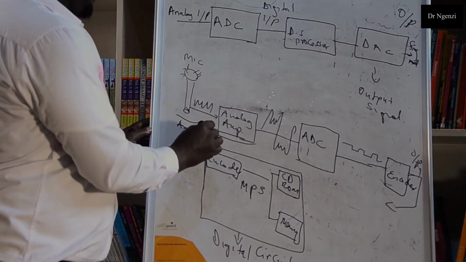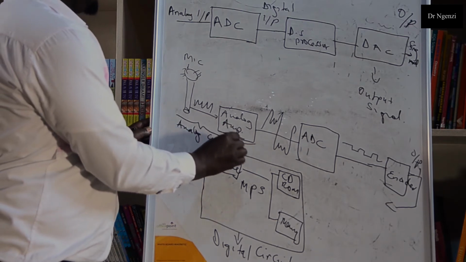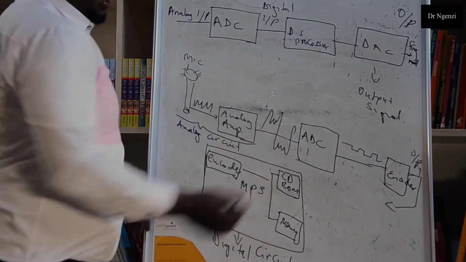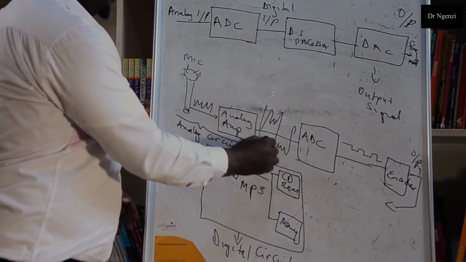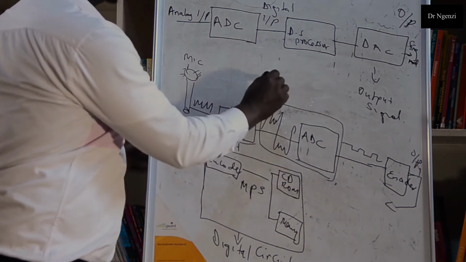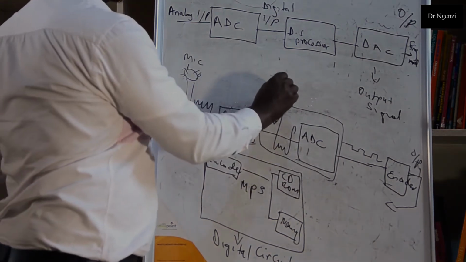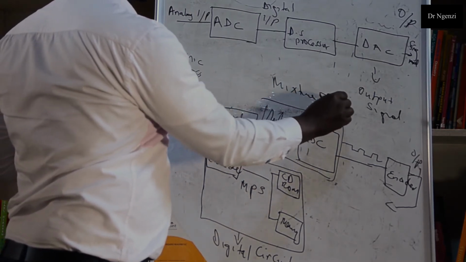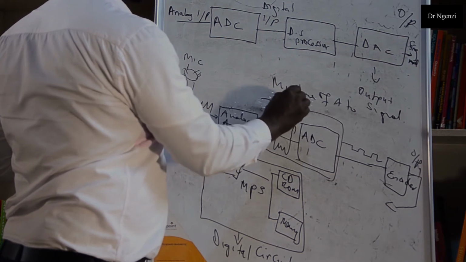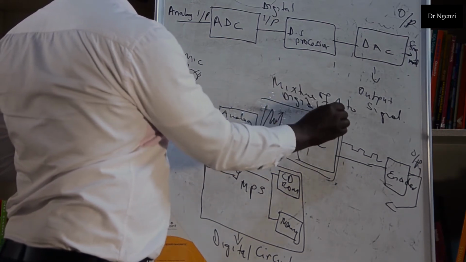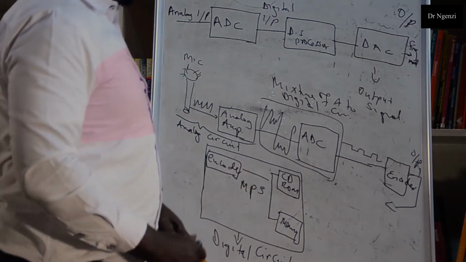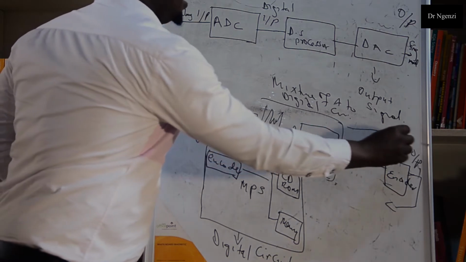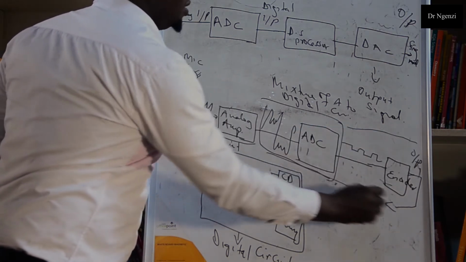And the other one, this one, is going to be the mixture of both, a mixture of analog to digital circuit. So you can understand the whole system here is going to be a mixture. Okay, I forgot. All of these are going to be a mixture of analog circuits. So this is the whole system.